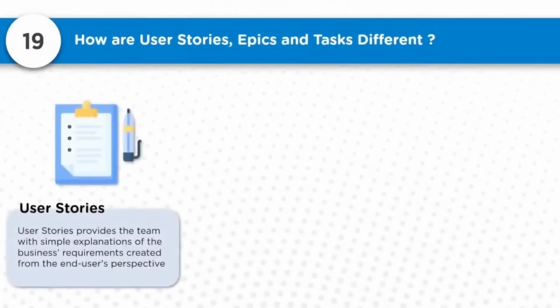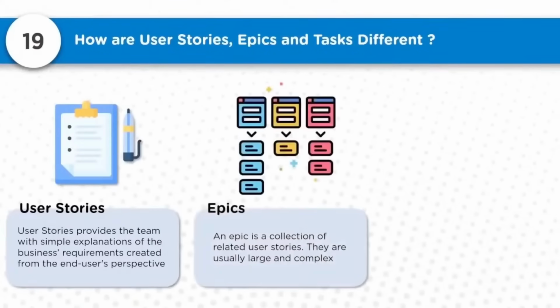User stories provide the team with a simple explanation of business requirements created from the end user perspective, as we saw in the examples in the previous questions. Epics are a collection of related user stories. They are usually large and complex. These epics are created with specific objectives in mind, and user stories are grouped, which will form an epic.